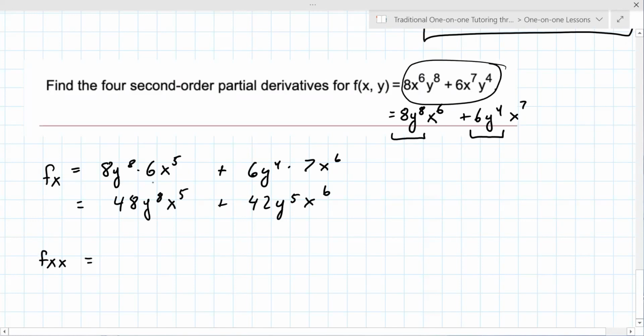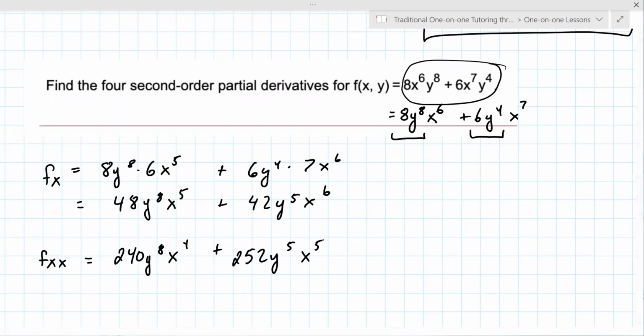It's just 5 times that, 6 times that, because these are just constants. So it's like 240 y to the 8th, x to the 4th, and then 6 times 252, y to the 5th, x to the 5th. And please double check me, since this is a quiz.